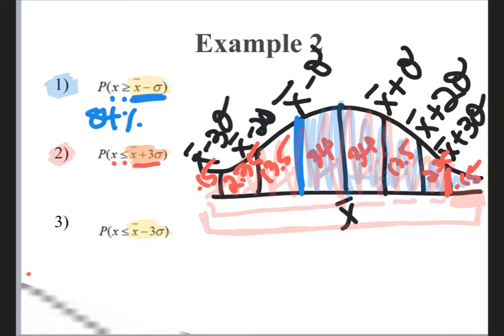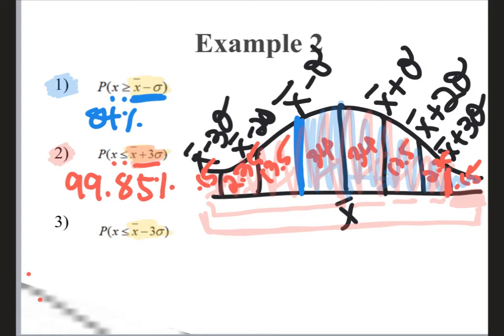There's different ways to figure it out. Okay, so if you were to take 100 and subtract 0.15, you will get 99.85. Okay, so 99.85% is your answer for this number 2.